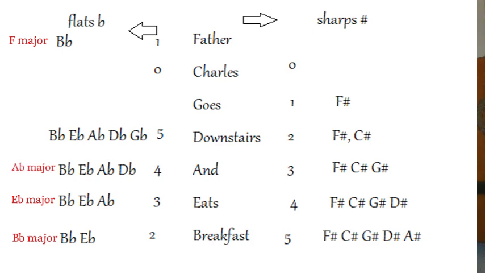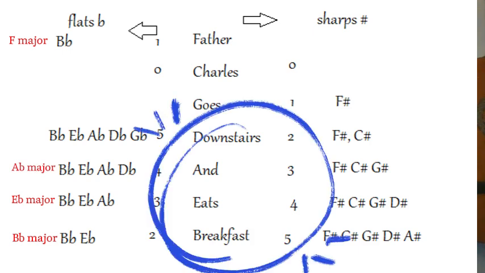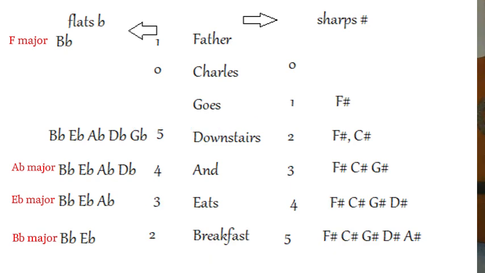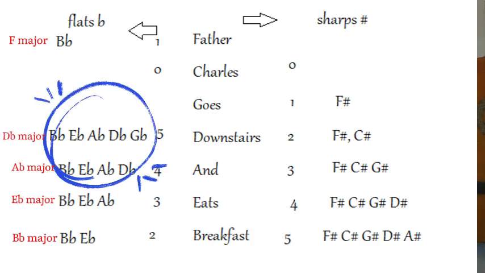So moving backwards through our flats and our rhyme, we have breakfast, eats, and downstairs, or B flat, E flat, A flat, and D flat. Finally, downstairs, or D flat major, has 5 flats, B flat, E flat, A flat, D flat, and G flat.